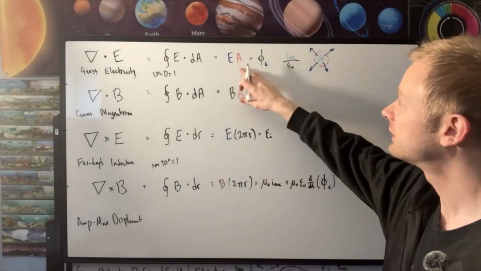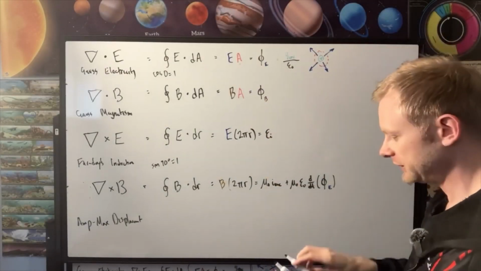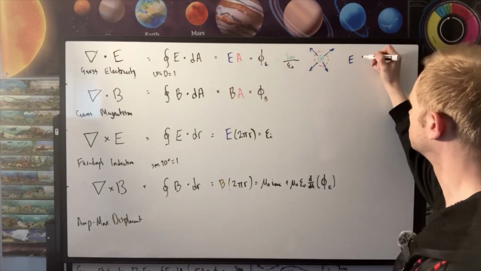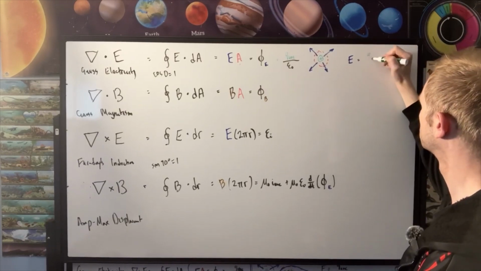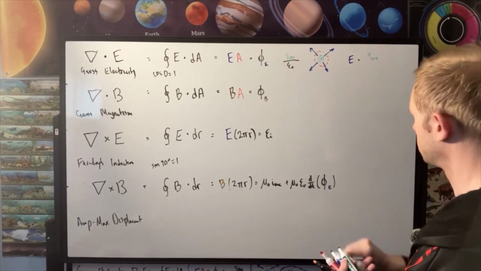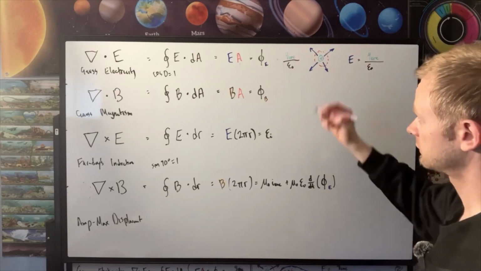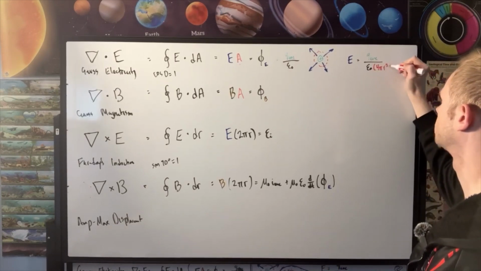Well, we can determine this area to be the area of that sphere. So we can basically say that the electric field is going to be equal to the Q enclosed divided by epsilon naught times the area of a sphere, which should be 4 pi r squared.